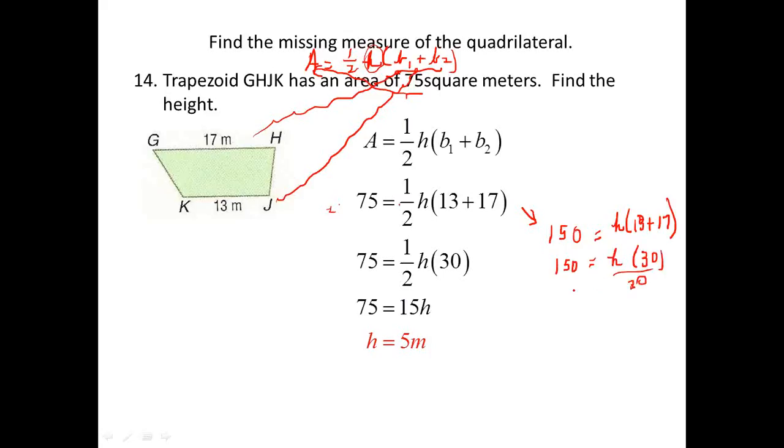Divide both sides by 30. I still get 5. So it's your choice. If it's odd, I would probably get rid of the fraction. Even, you don't have to because the 2 goes into an even number. If you just want to always get rid of the fraction, that's fine. Kind of hit some of the algebra stuff.